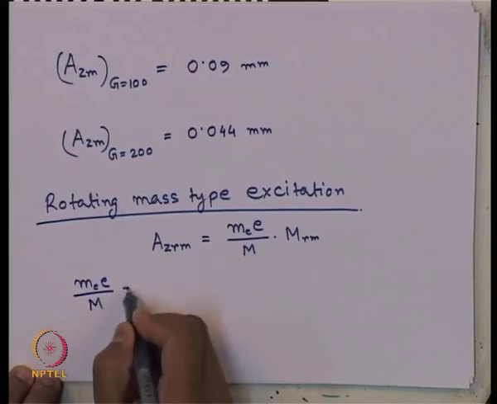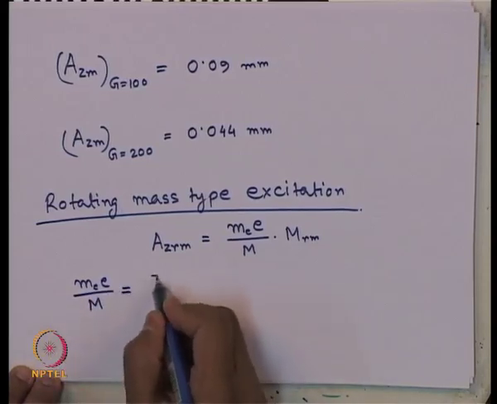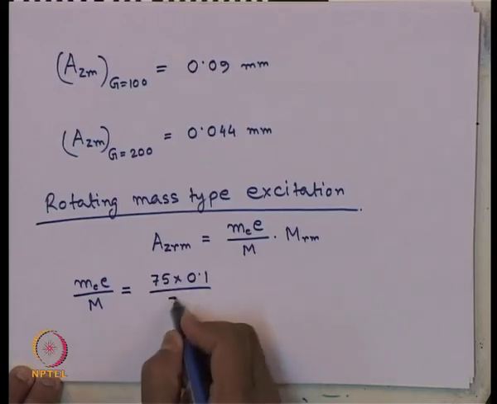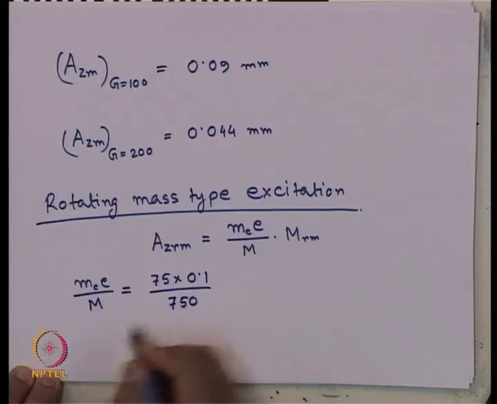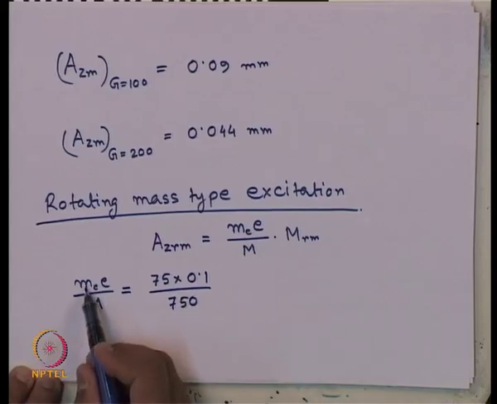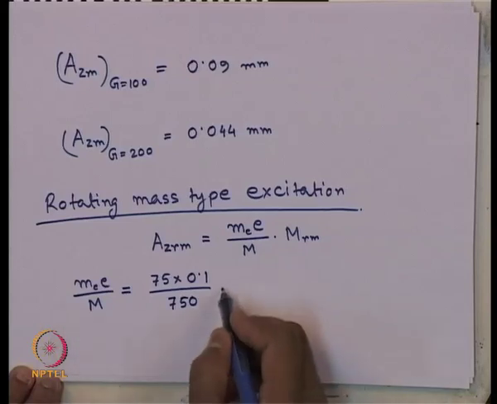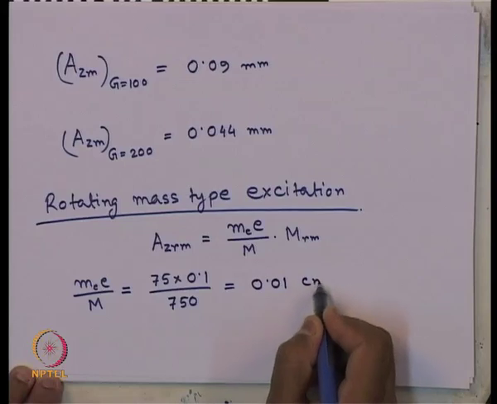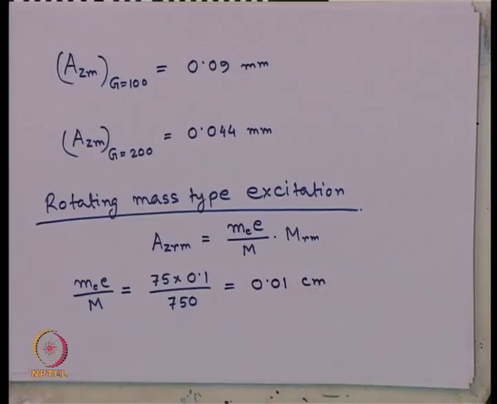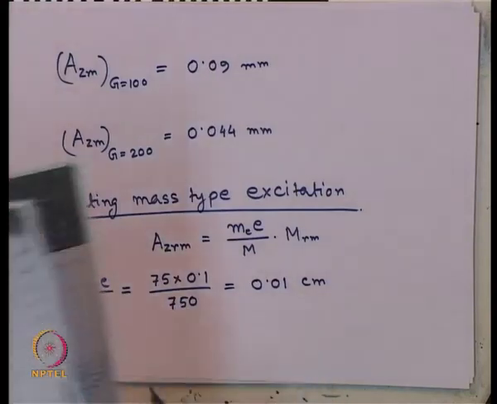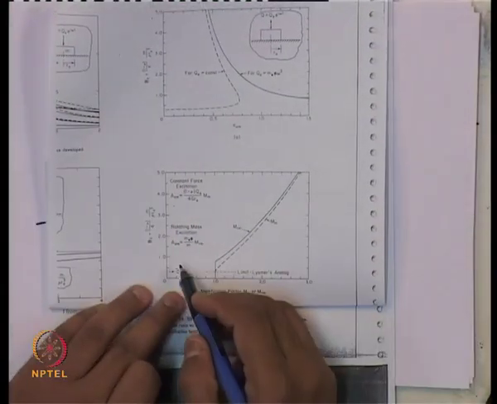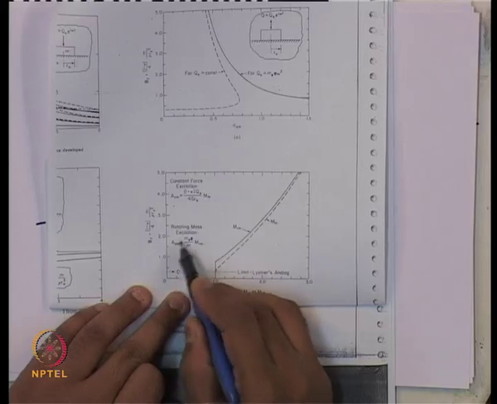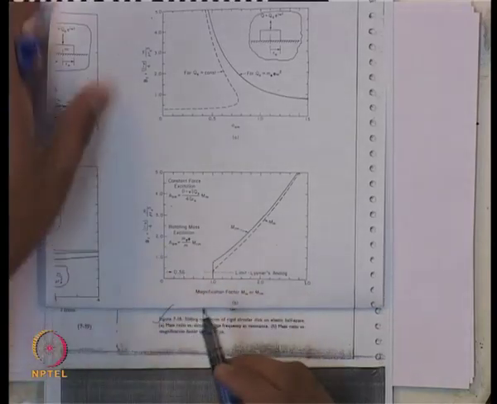It remains the same for all types of soil: 75 into 0.1 by 750. We can take it as eccentric weight and total weight. So, it is 0.01 centimeter. This expression is already given in our design chart also, as the equation to compute the displacement amplitude for rotating mass type excitation.